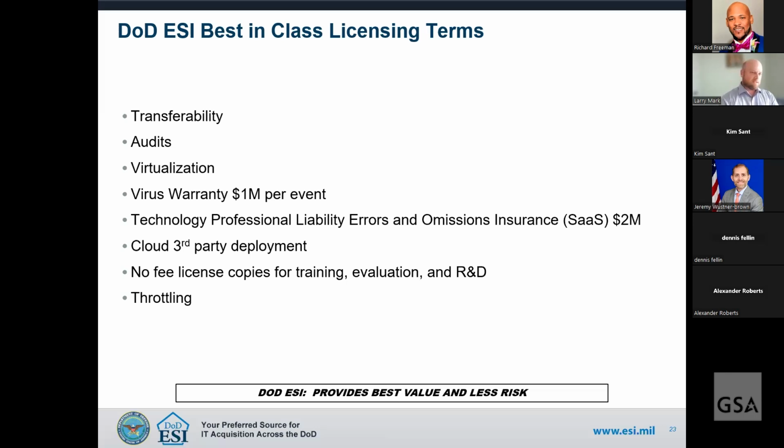So what makes these best in class, and why do they add value and reduce the risk? A lot of times when you are buying software, you're buying the right to use that software under a license, and that license is to whoever bought it. So if you buy software, you don't necessarily always have the ability to transfer it to somebody else to use. So we always put in our terms that we need transferability across the DoD, or across all users of our agreement.